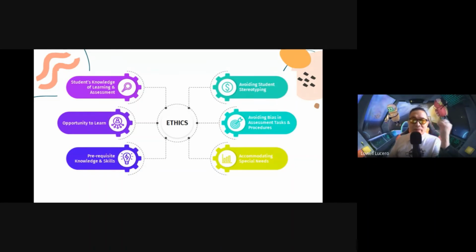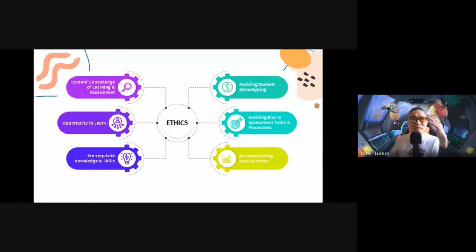So dapat meron yan. You have to establish the prerequisite knowledge and skills. Then avoid student stereotyping in your test. Importante yun, ha? You know already what stereotyping. Then avoid bias in assessment and in your procedures, assessment procedures. Ano pa ba? Accommodate special needs.